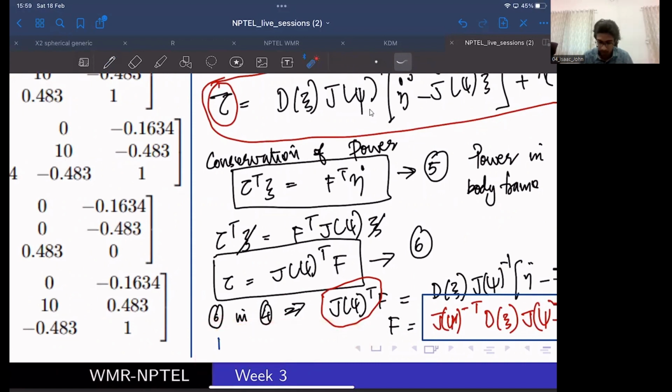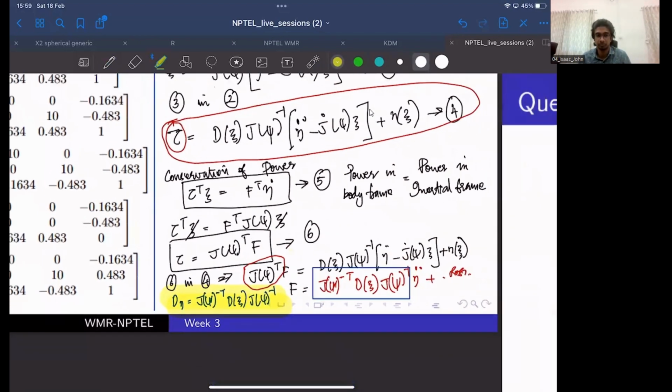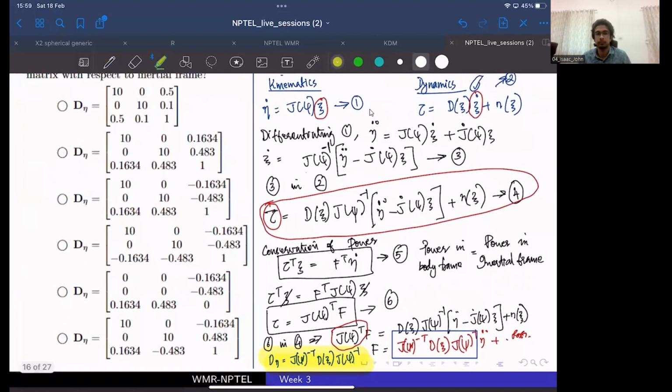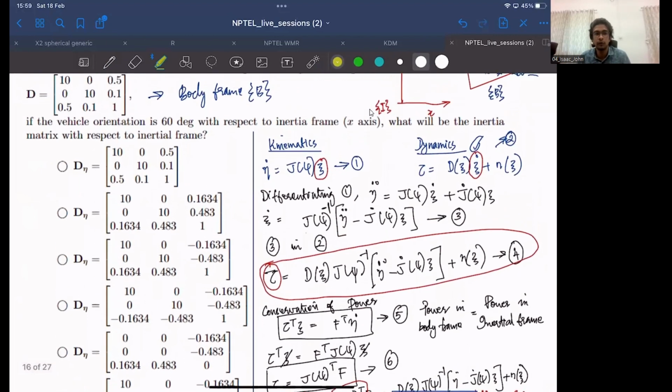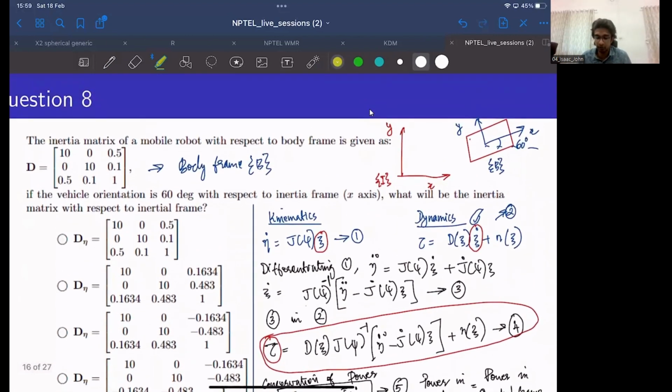Okay, so D of eta would be J of psi inverse transpose D of zeta J of psi inverse. This would be the mass matrix in the inertial frame. Right. So if you do that, you are given the Jacobian matrix also.